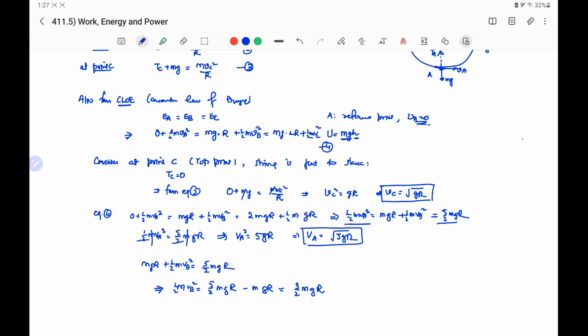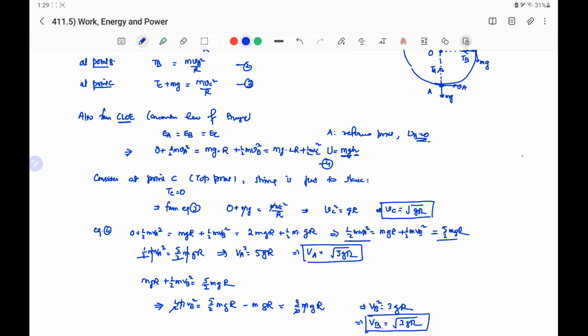The half gets cancelled and m gets cancelled. Therefore, vB square will be equal to 3gr, or we can write that the velocity at point B, in case when the string is just slack at the point C, that is the top point, will be equal to root 3gr.